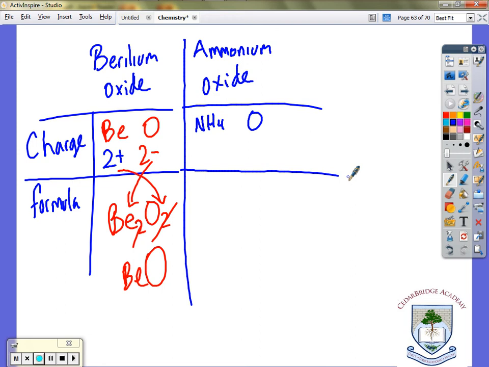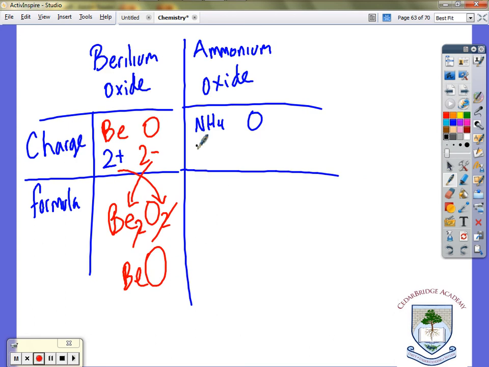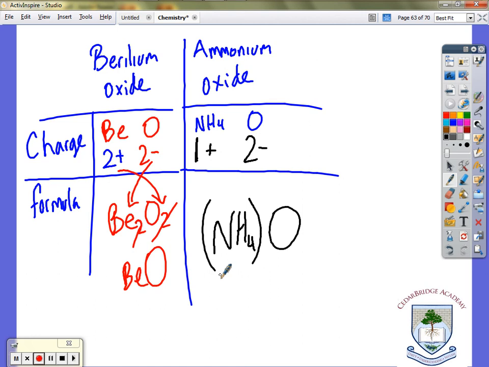NH4 and O. Now let's check our table. What was the charge for ammonium? +1. What's our charge for oxygen? 2 minus, -2. So then we do the exact same thing. NH4, O. Now to show our package, put it in brackets. And then we do our swap.